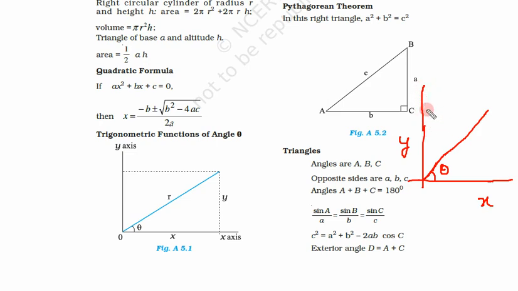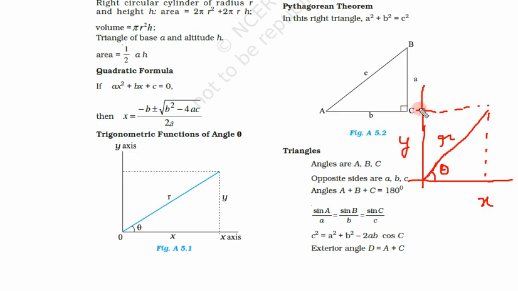So now let me put these dotted lines here. So we have this much. Angle is theta and total length of this line is r. So this is our figure. Angle is theta. So this is y axis.